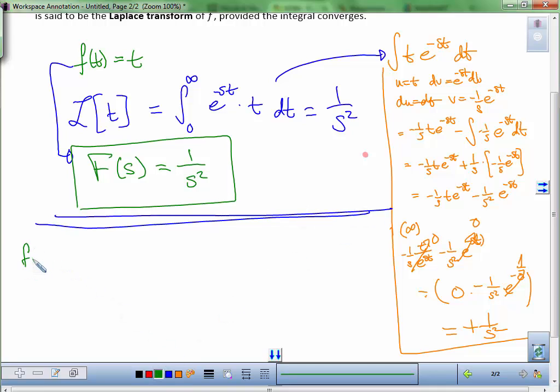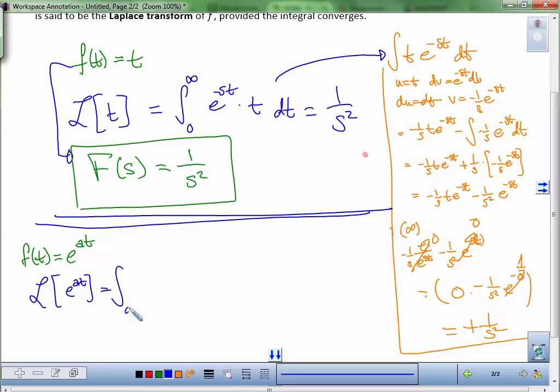So suppose your f of t this time is e to the at. Okay? Let's do a Laplace transform on that. So our notation is the script L of e to the at.